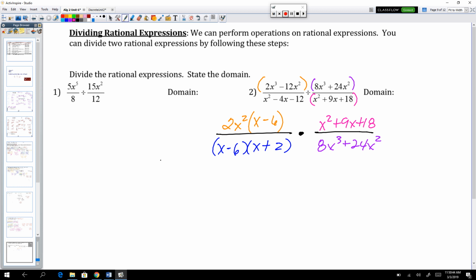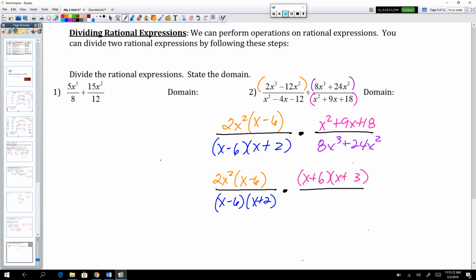And we'll factor those in a moment so that we can see if there's anything that cancels. So go ahead and copy your blue and your orange down, because we're not going to do anything with them just yet. And now we need to look at what multiplies to 18 and adds to 9. Hopefully you thought 6 and 3, both of them positive.